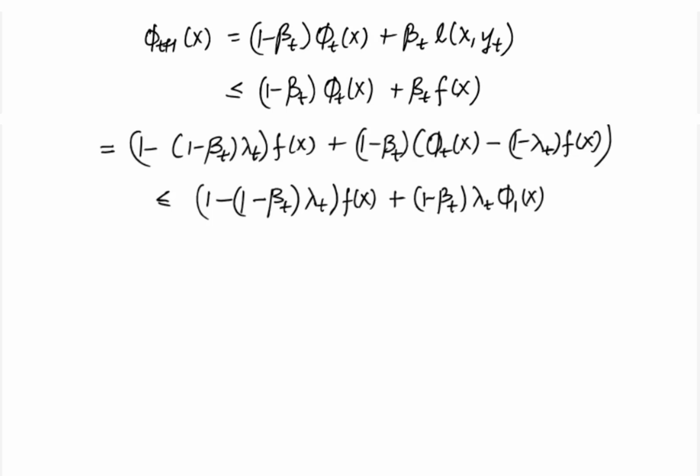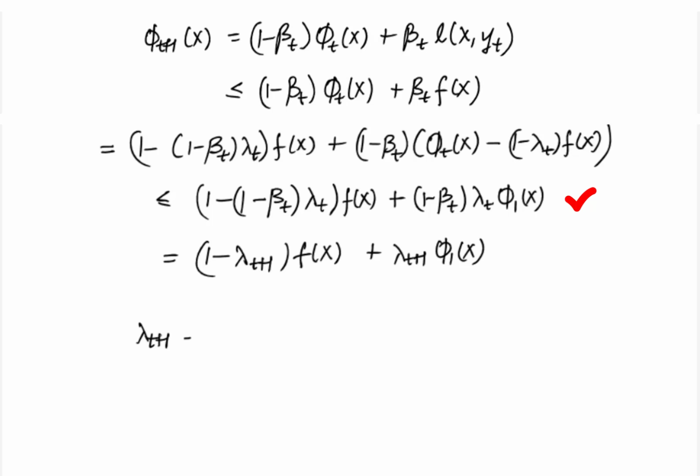So we can see that it is indeed in the required form, and in fact we can write it as equal to (1 minus lambda t plus 1) into f of x plus lambda t plus 1 into phi 1 of x, where we have defined lambda t plus 1 as (1 minus beta t) into lambda t. And if we expand this recursively, we can see that this is equal to the product from i equal to 1 to t of (1 minus beta i).